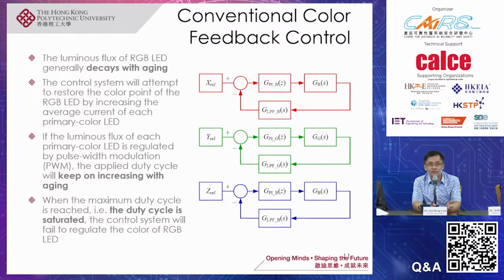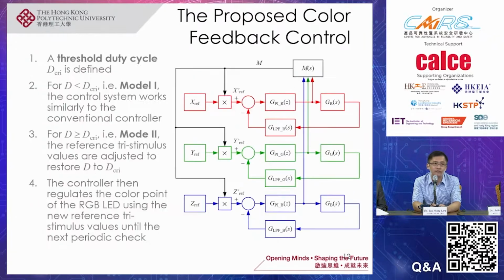When this maximum duty cycle is reached, the system becomes open loop, and there's no way we can continue to regulate the color of the LED. So in order to maintain the color performance of the LED system, we need a different approach.